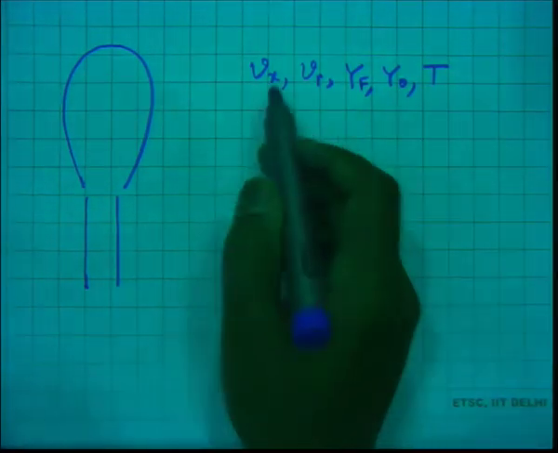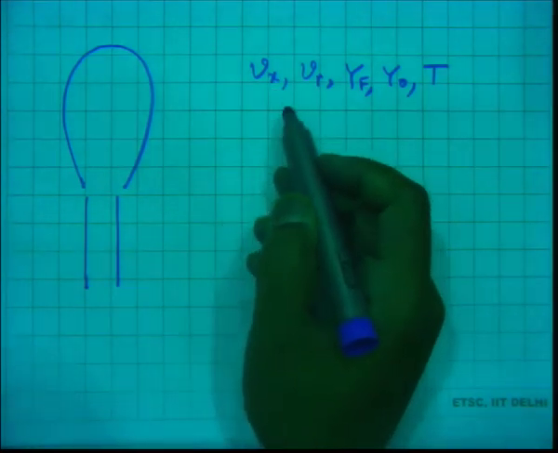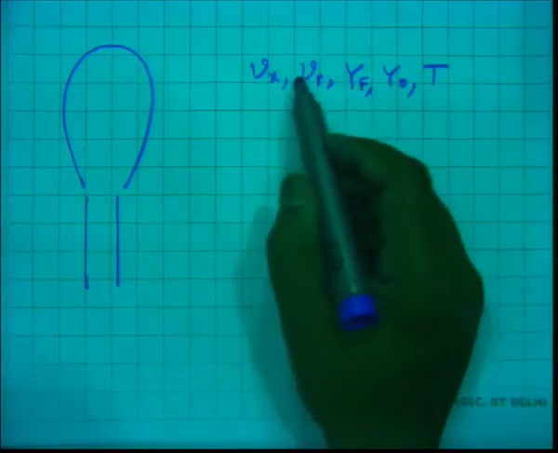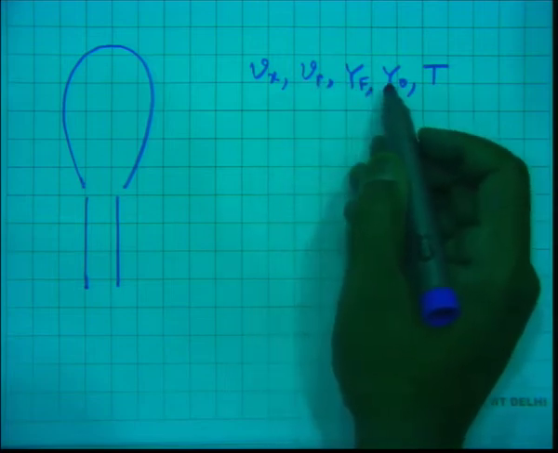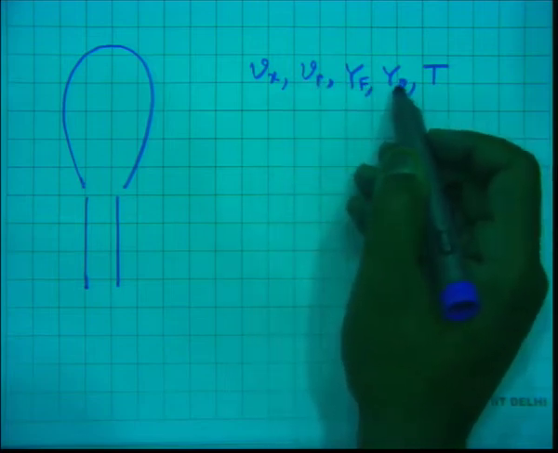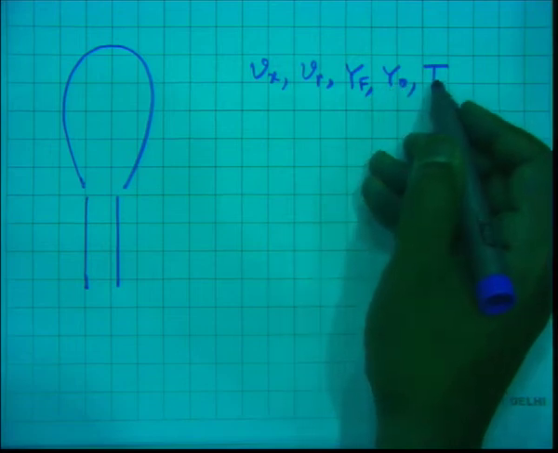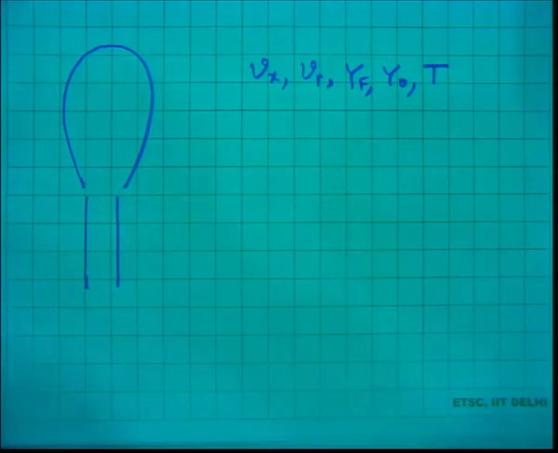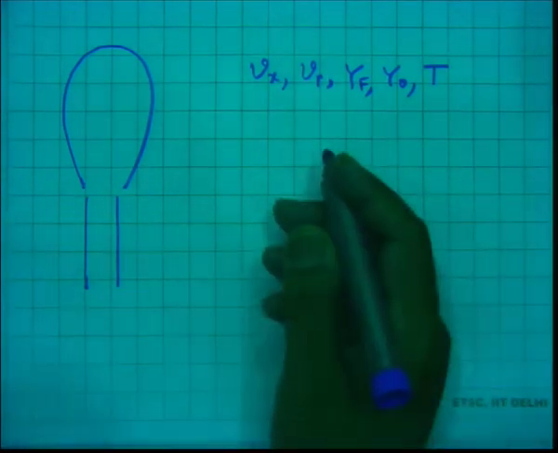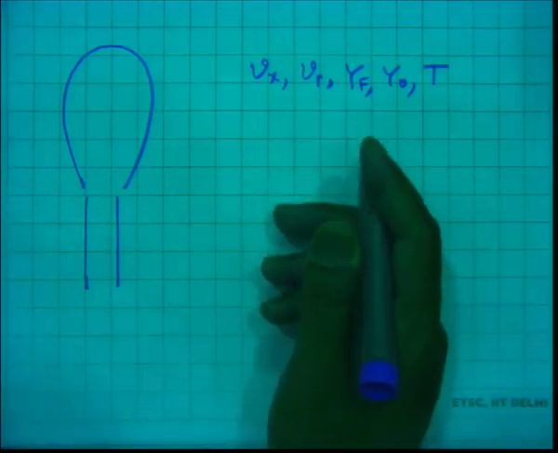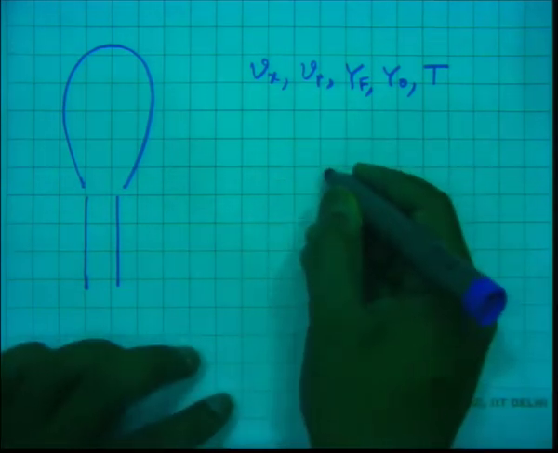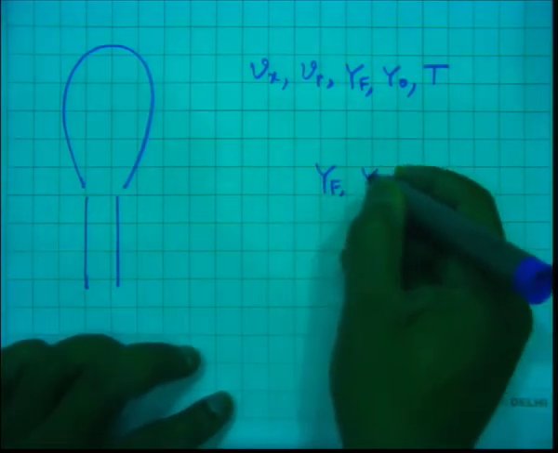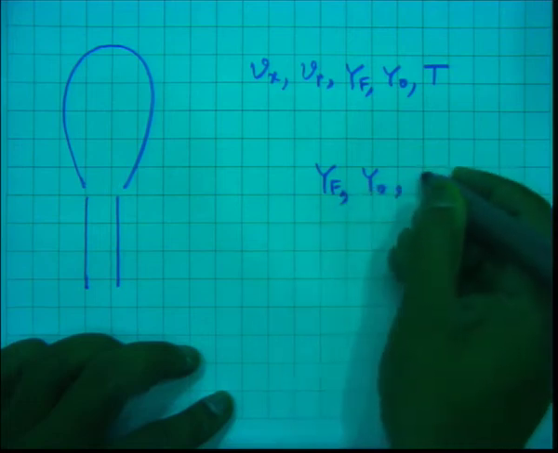So, each one of them has a conservation equation, isn't it? There will be an axial momentum equation, there will be a radial momentum equation, there will be a fuel mass fraction equation, there will be an oxidizer mass fraction conservation equation, and there will be an equation for conservation of energy which will have temperature. We will have various partial differential equations which are coupled to each other. So, solving that would have been much more difficult. Okay.